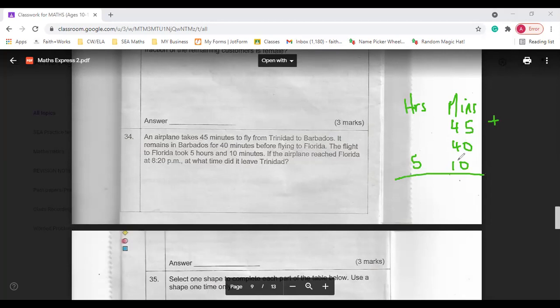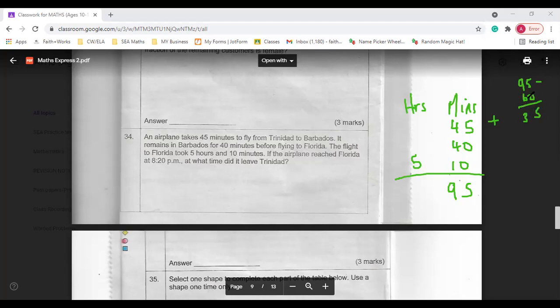So in total, it took 5, 4 plus 4 is 8 plus 1 is 9. So 95 minutes, which we have to change. You can't have more than 59 minutes in the minutes column. So that's going to be 5 and 3.